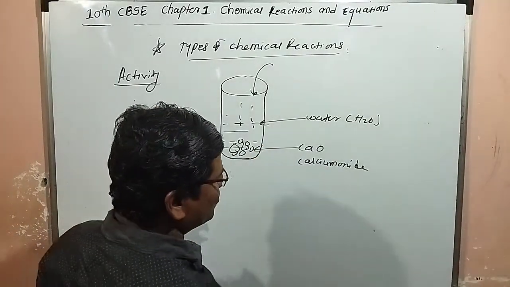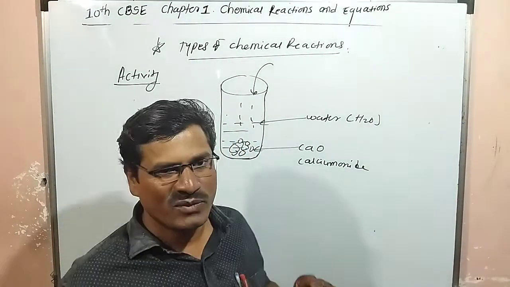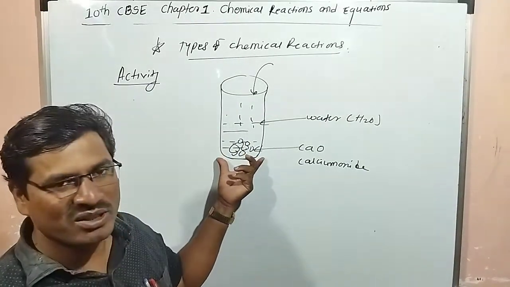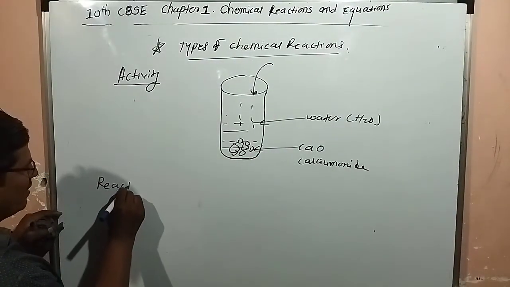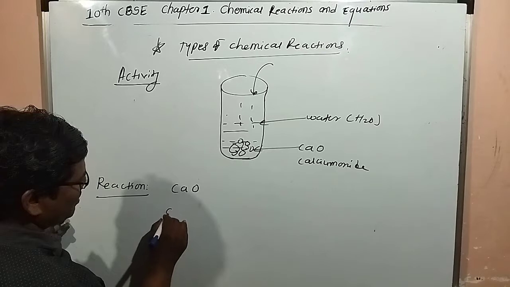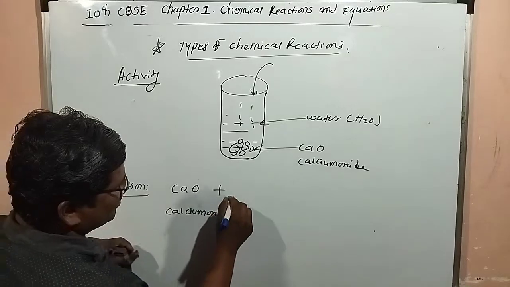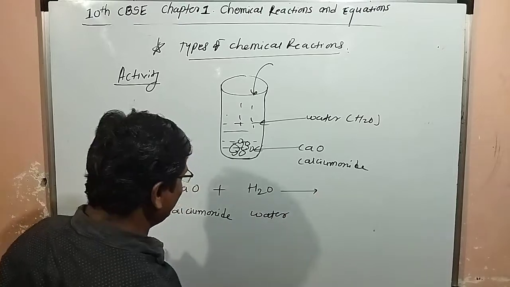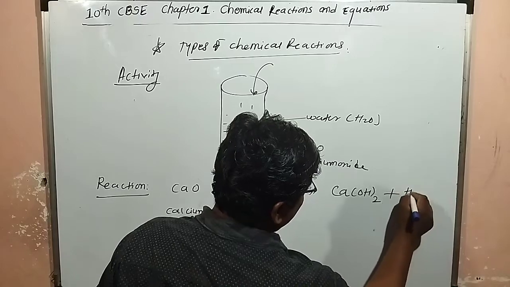So what happens, I will tell. CaO is called quicklime. Calcium oxide reacts with water vigorously and produces heat, and because of that heat the beaker becomes hot. So the reaction we will write here: calcium oxide plus water, H2O, gives Ca(OH)2 plus heat.